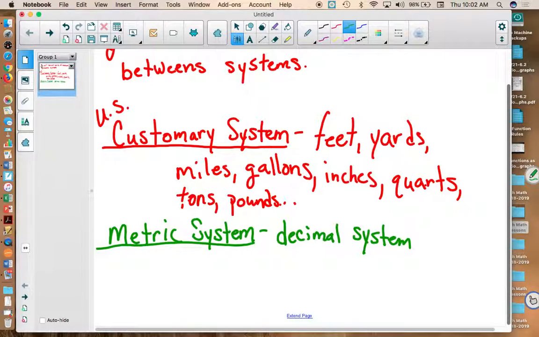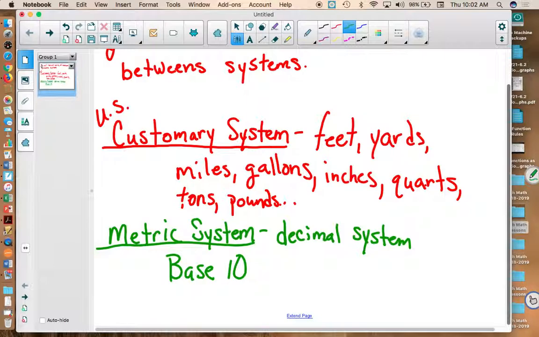Ours is different. Is our measurement for length going to convert the same way that gallon man does? No. So you have to have a different way to convert, don't you? So in some ways, the metric may be an easier system. The metric system is set up by what we call the base 10.